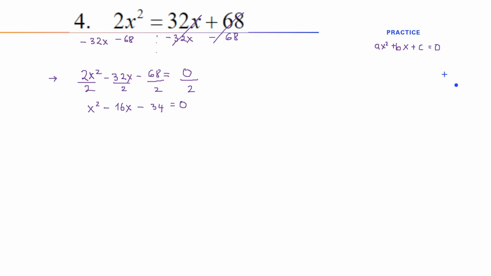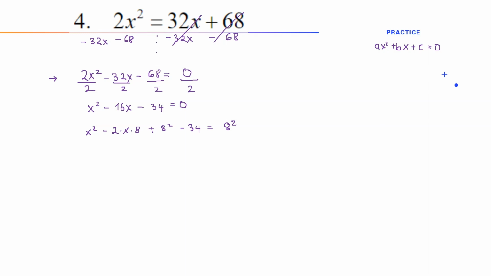Now we can try completing the square because we have b is even and a is 1. So x squared minus 2 times x times 8 plus a squared minus 34 equal a squared.